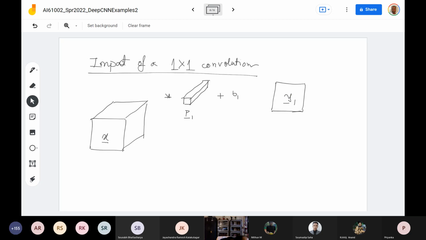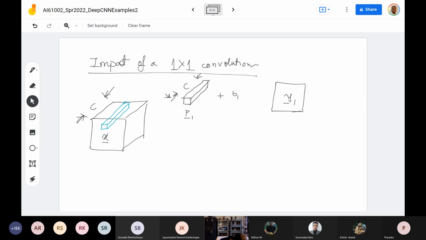Now what essentially happens? You have this number of channels, which is C, the same as the number of channels over here, which is C. So at any given point in space, when you apply this, you're going to have a dot product across the channels.